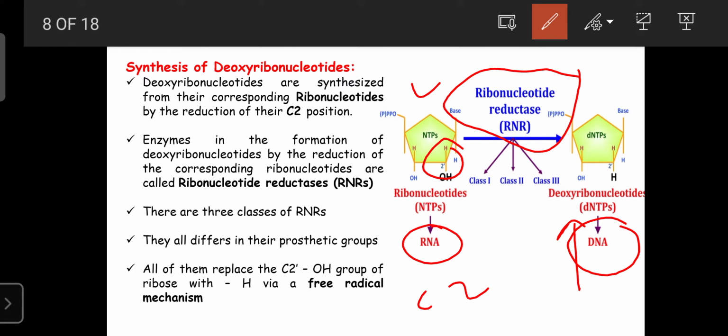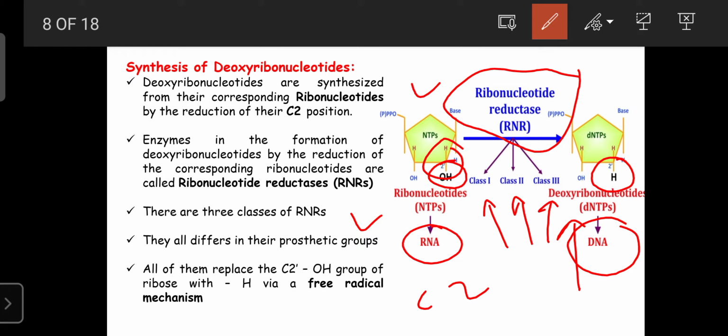deoxyribonucleotide, and this enzyme is categorized into three classes, that is class 1, class 2, class 3. All the enzymes' role is the same, but they differ in the prosthetic group. So like that, in the ribonucleotide, the OH is replaced by a hydrogen in the presence of the ribonucleotide reductase enzyme.